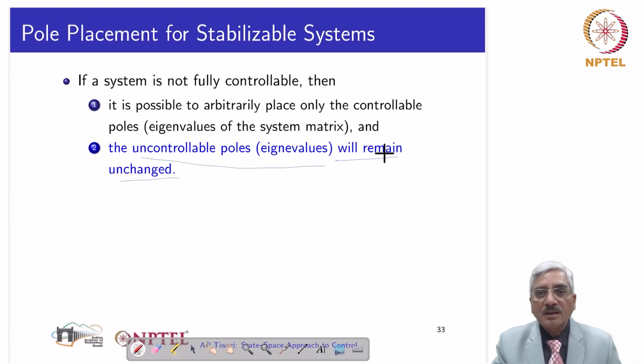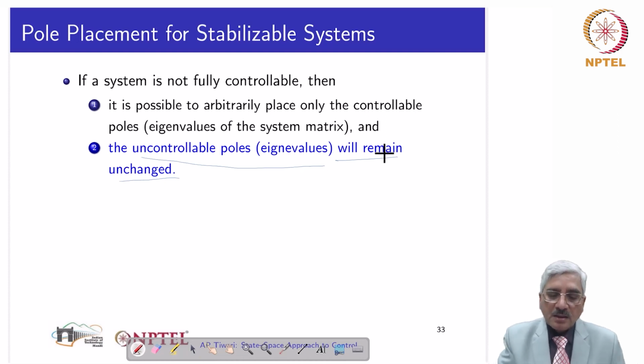So we have seen while learning controllability through Gilbert's criterion or through Hautus's criterion, it is possible to know which eigenvalues are controllable and which eigenvalues are uncontrollable.